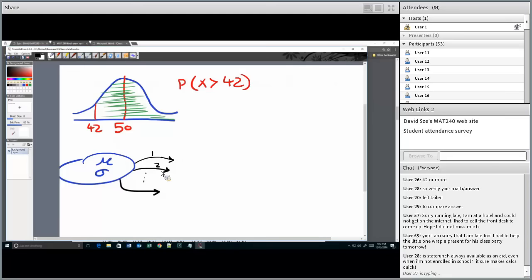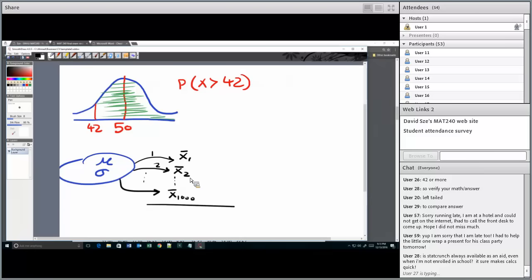Each time you take a sample, you calculate its mean, the sample mean, which is x bar. So this is the sample mean for the first sample, the mean for the second sample, and you keep going for the nth sample, however many samples you take. Say you take 1,000 samples. So this is the 1,000th mean.